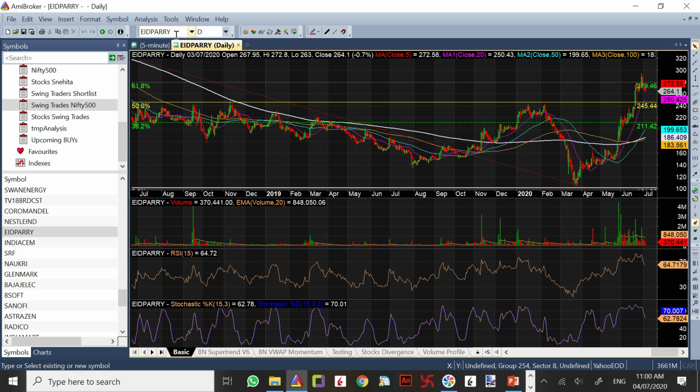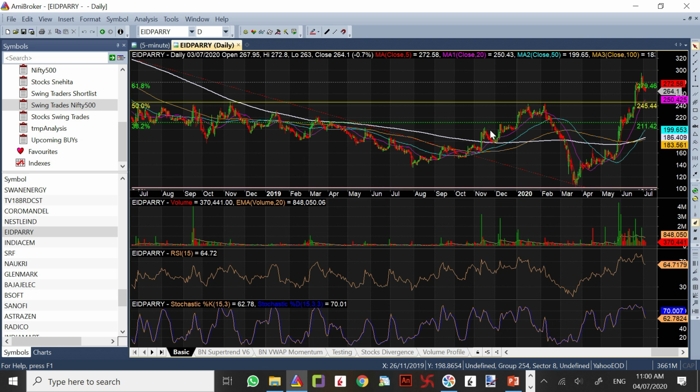This is EID Parry, a sugar stock, right? We are going to look at just the behavior of the chart. If you see around the gray line, is it forming tops or bottoms? See these tops, this top, again a second top, a third top, a fourth top.